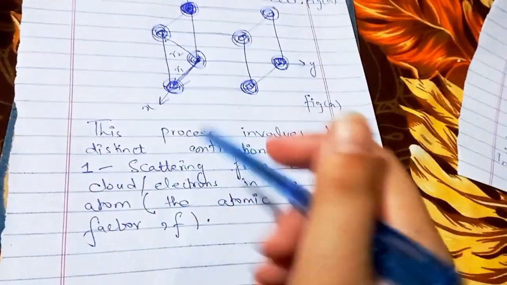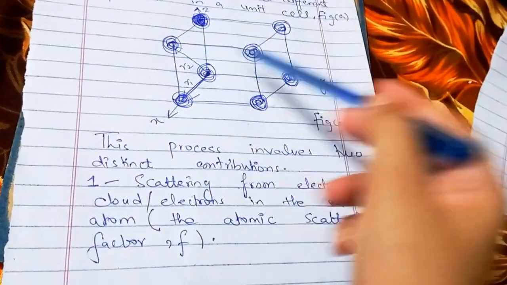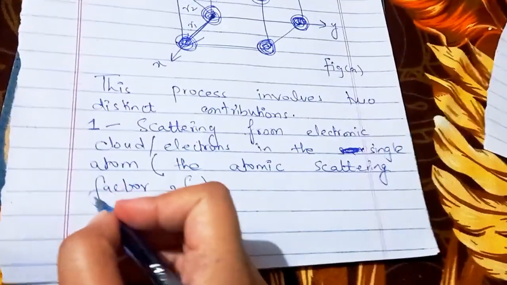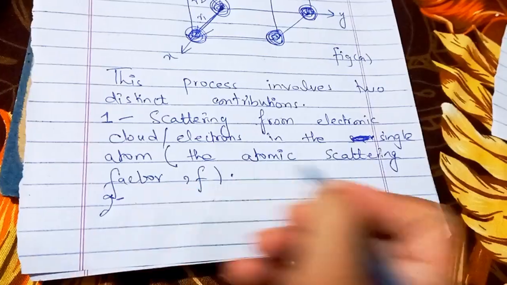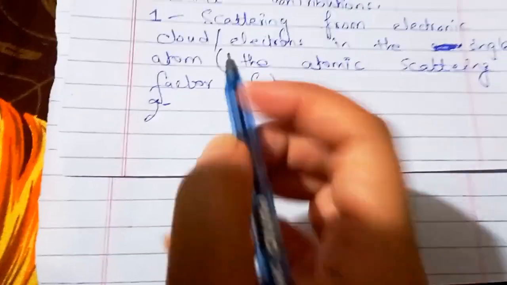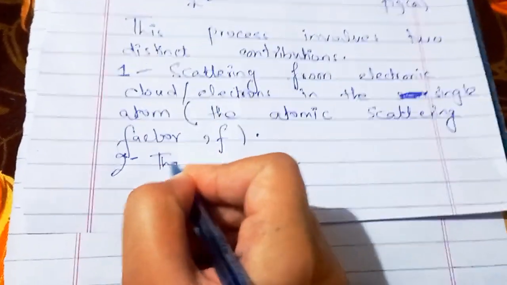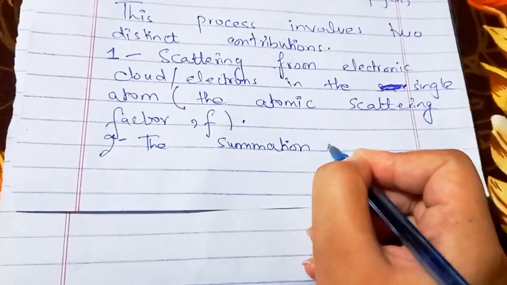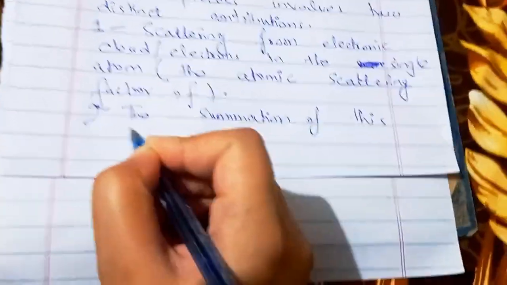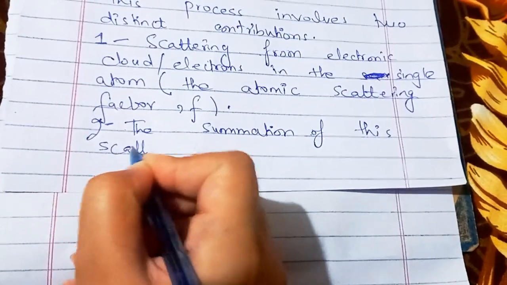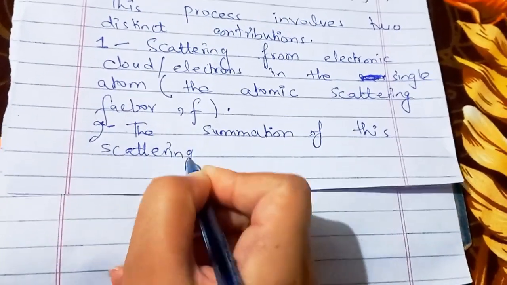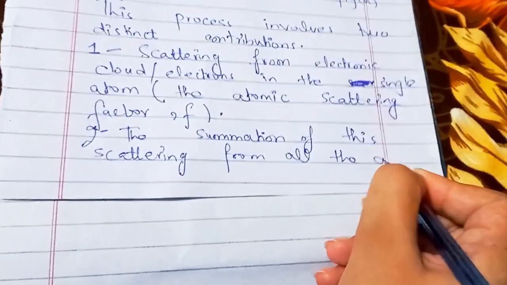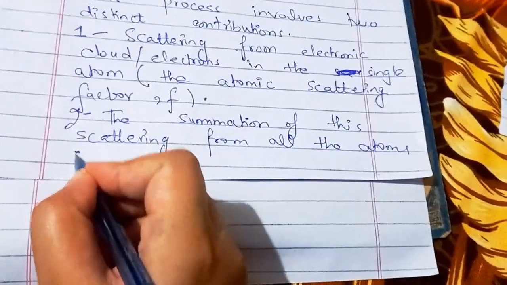And what is the second thing? The second thing is the contributions from all the atoms relative to their position. Second, the summation of this scattering from all the atoms in the unit cell.